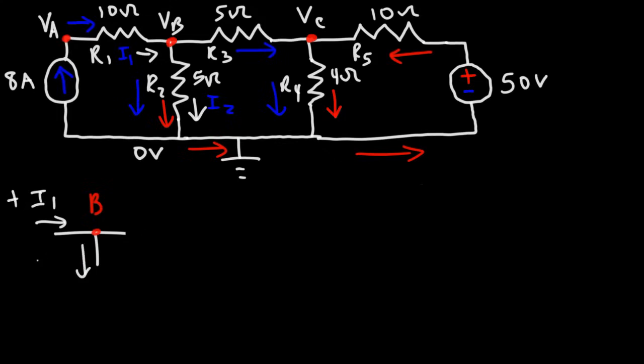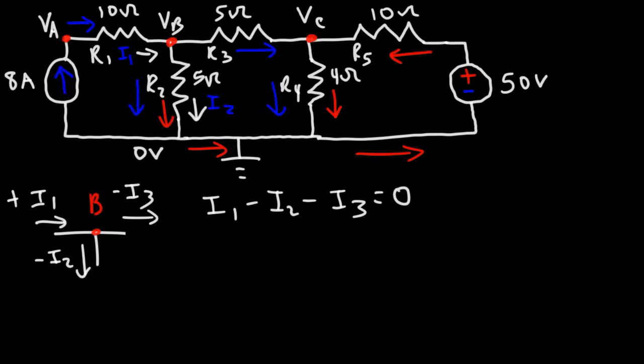Current 2 is flowing away from it, so we're going to give it a negative value. And I3, that's flowing through resistor 3, is flowing away from point B, so we're going to give that a negative value. So the equation that we have is positive I1 minus I2 minus I3 equals 0.